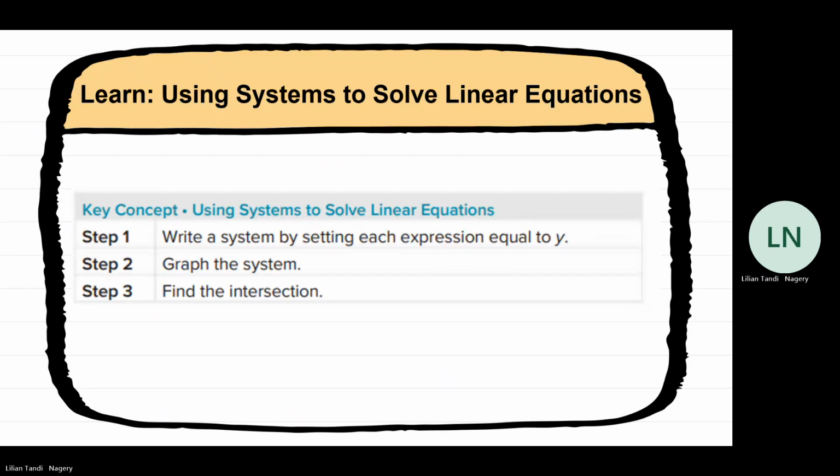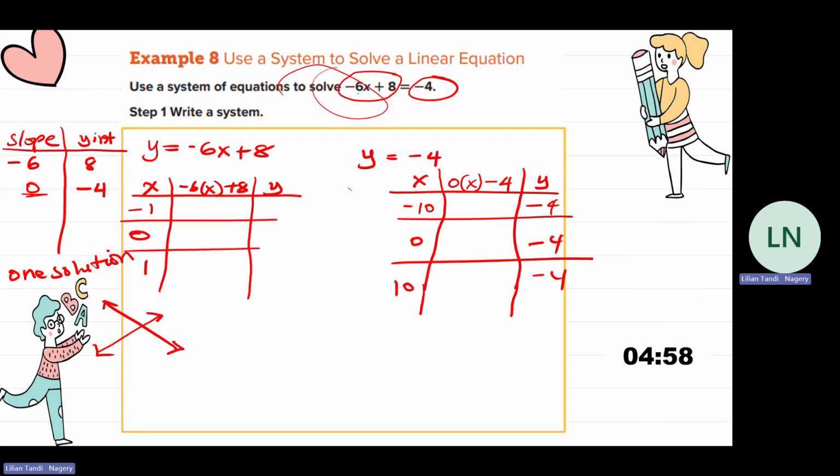Write a system by setting each expression to y equals and graph the system. When your question comes like this, this is your first equation. This is your second equation. Then you draw your table, you put it on your graph, and you draw your line and determine.